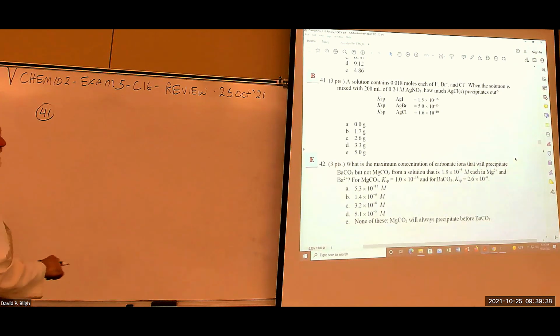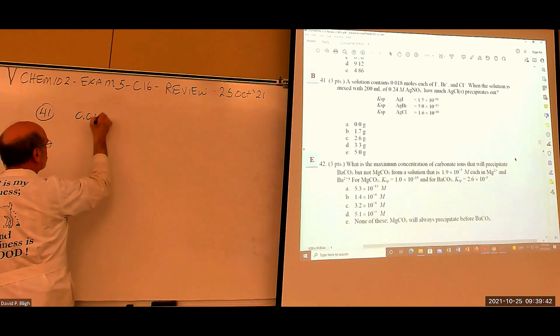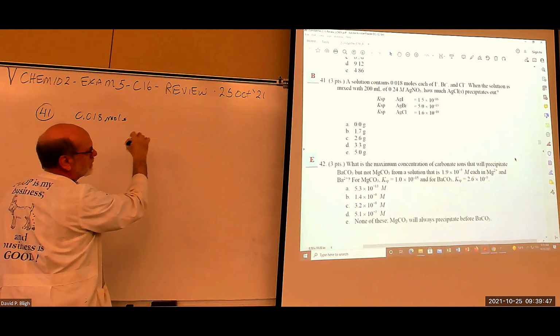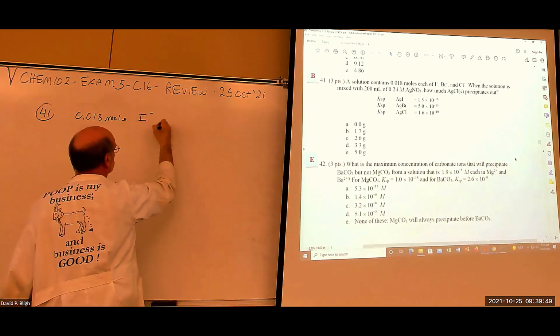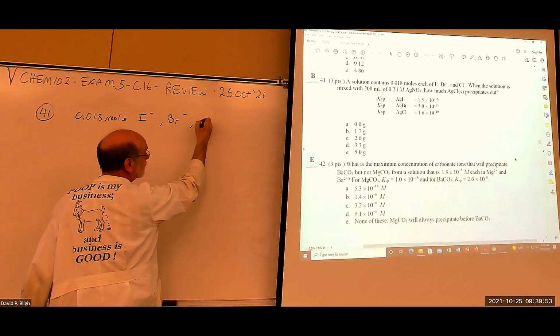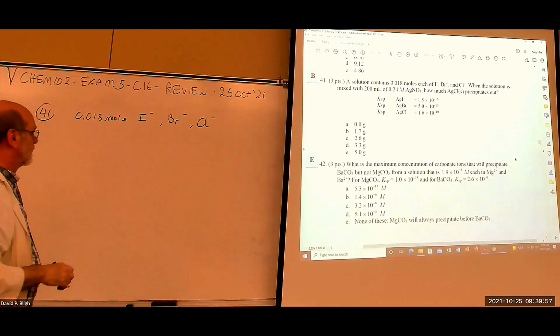All right, so let's see. What are we given first? We're given 0.018 moles of iodide, bromide, and chloride. That's given each.